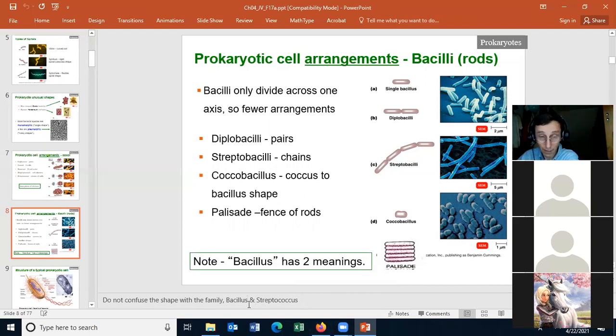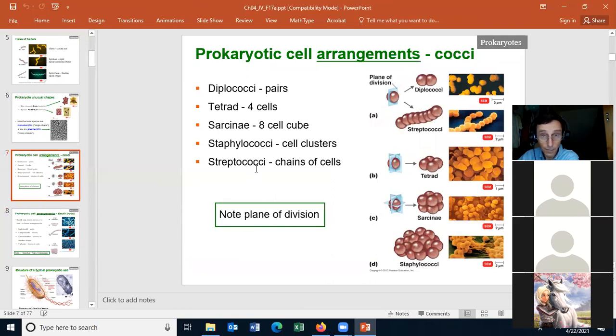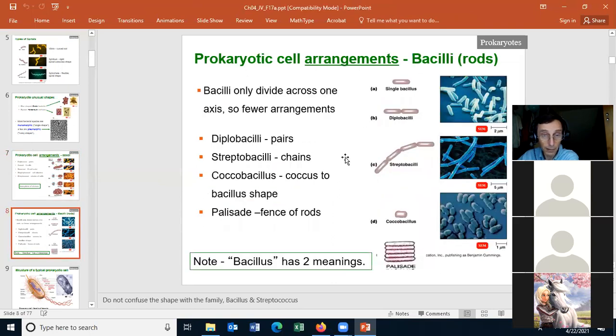Those are two species in the Bacillus family. And like I said, look for the capitalization. If it's capital, that means we mean a family. And if it's not capital, then we mean a shape of the cell. And of course, Streptococcus is the family, and we will always give it the name streptococci for the cellular growth arrangement, and it should be a lowercase too. All right, any question about any of that?